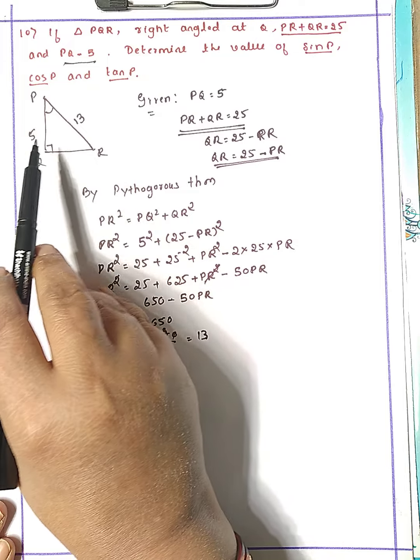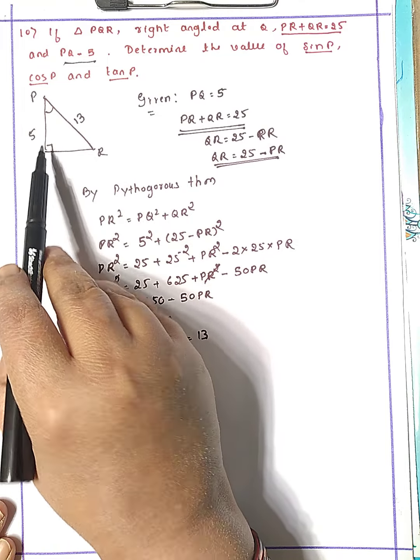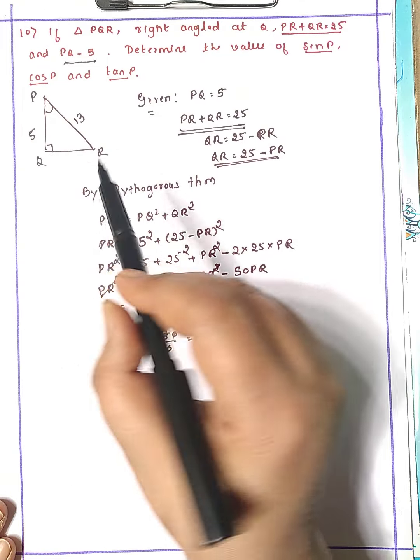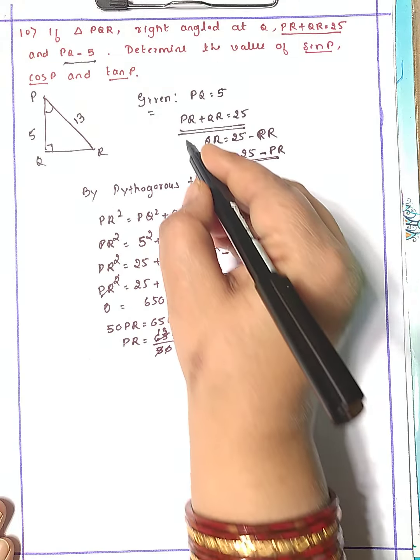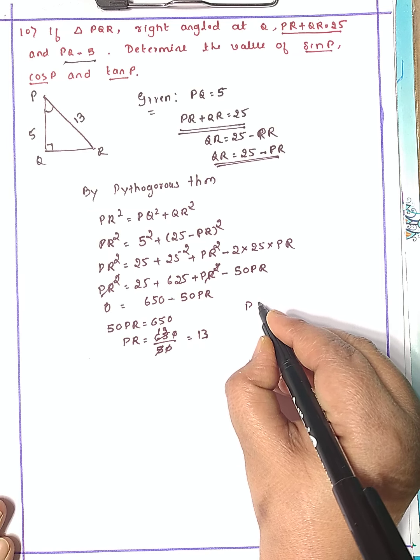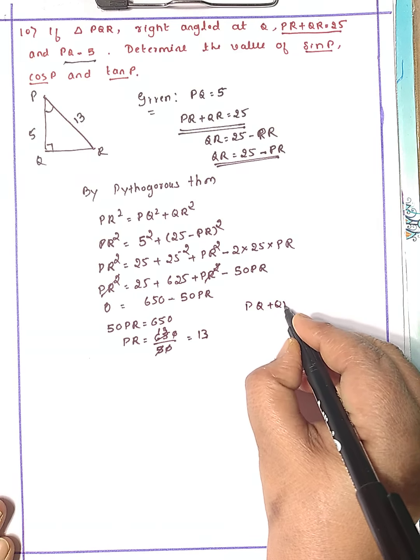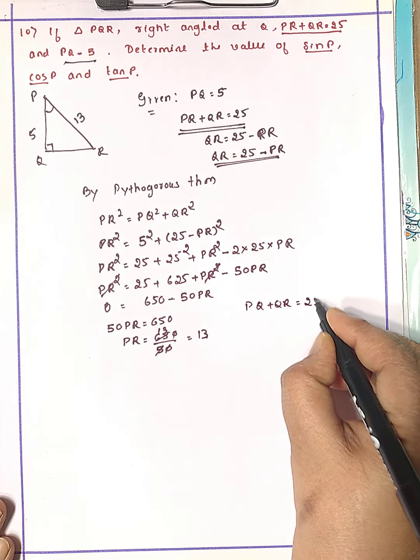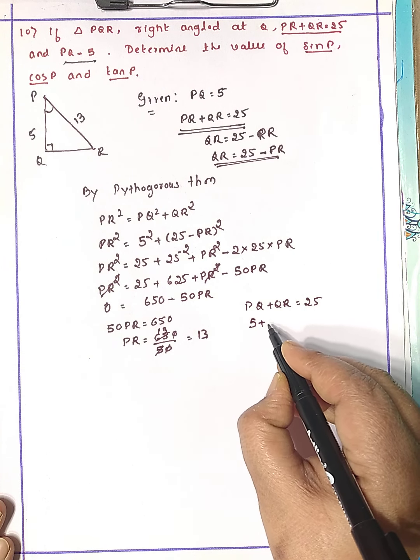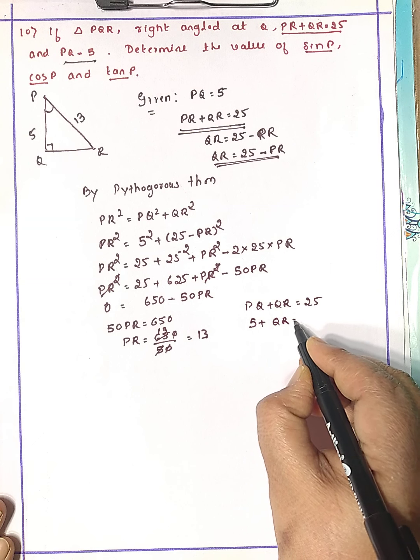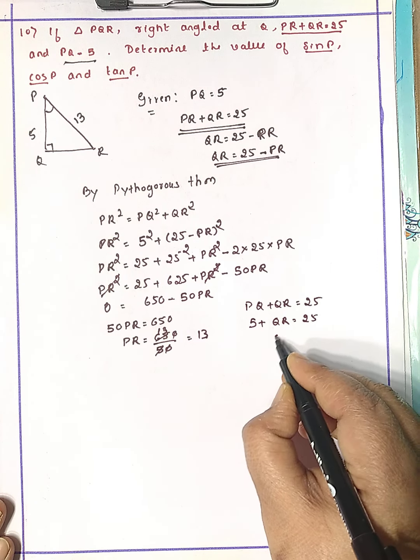Now PR is found, then we will find out QR. Given is PQ plus QR equal to 25. PQ is 5 and QR we have to find out, and 25.